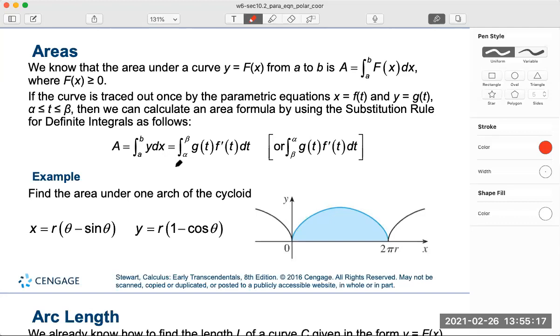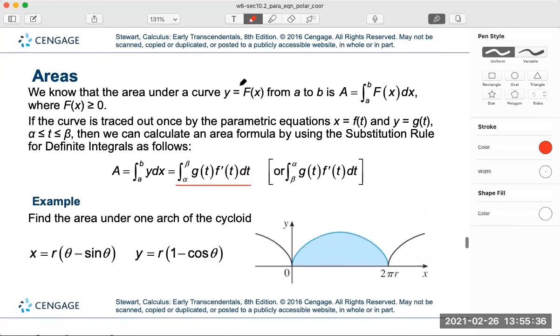In order to compute the area of the curve, it could be computed this way. Look at this. If x is a function of t here, then we see that dx over dt, what is it?